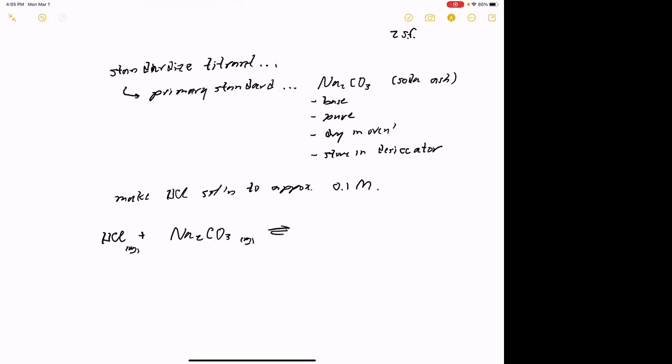Just let the ions exchange partners. So you make NaCl, aqueous, and you're also going to make H2CO3, which is carbonic acid. And that, in a follow-up reaction, actually breaks down into carbon dioxide gas and water.